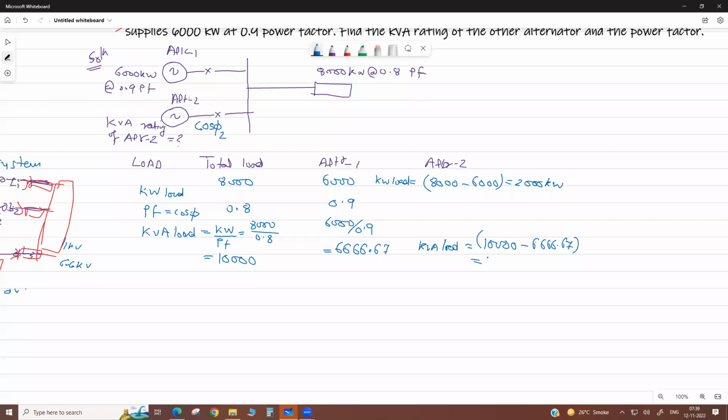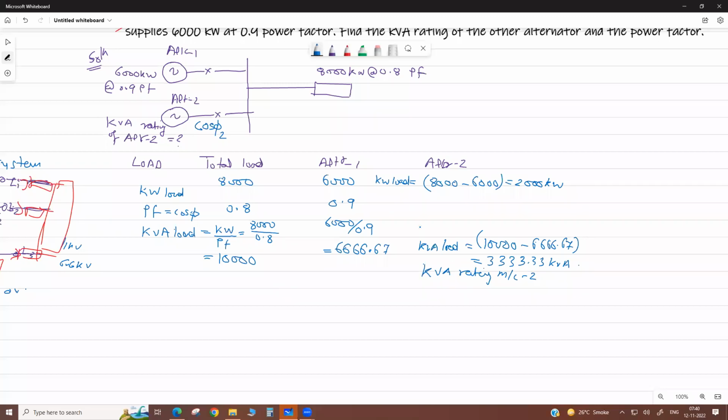It comes to 3,333 kVA. So this is the kVA rating of machine or alternator 2.